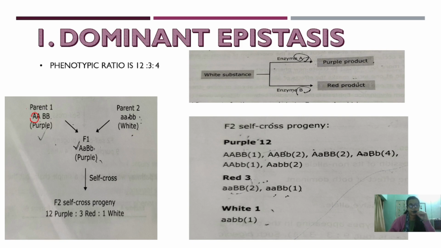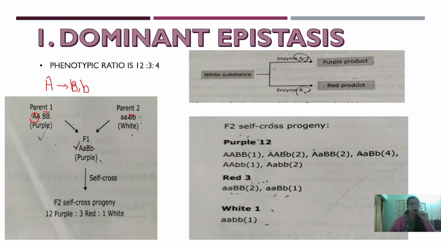This capital A is the dominant allele of one gene, and capital B and small b are the alleles of another gene. So capital A will suppress both capital B as well as small b of the other gene. This is known as dominant epistasis.